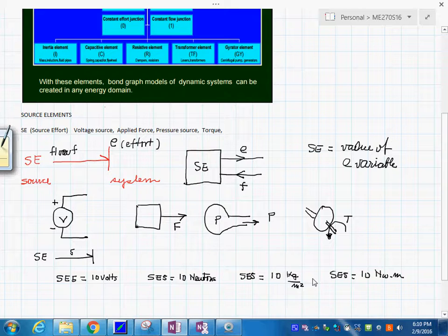this is your bond graph model. Where do we put the label here? I would like to put it with a different color so that we can distinguish them. So this is your bond graph in here. It's called like this, bond graph. You have in here your block diagram.